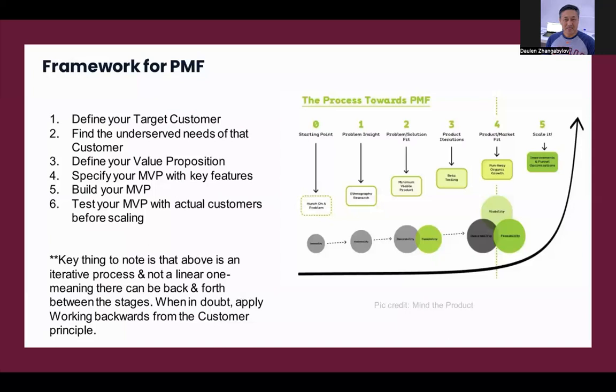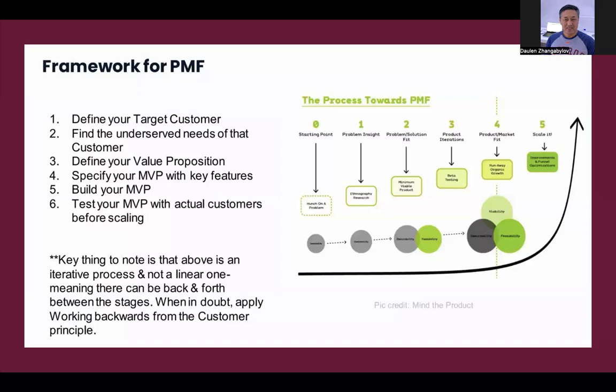They need a car to get from point A to point B. That's an underserved need. For every business idea, the underserved needs are going to be different. Then number 3, you define your value proposition. Number 4, you specify your MVP.